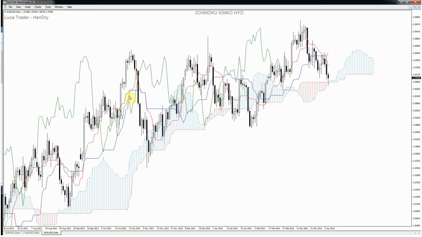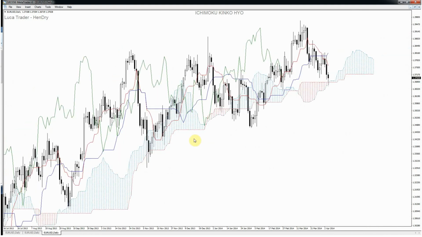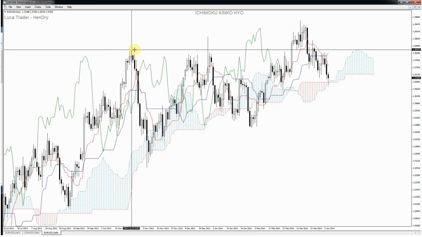So if you see the price going too far away from the Tenkan-sen and Kijun-sen, be aware that the momentum might be lost and the price might be dragged back, pulled back. At Leather we are trying to combine Japanese techniques with Western techniques to determine how far is far.